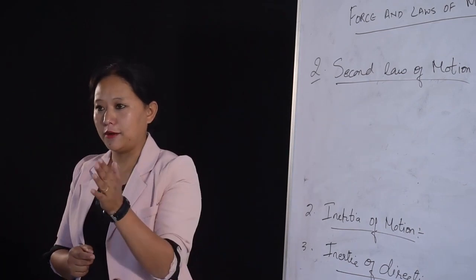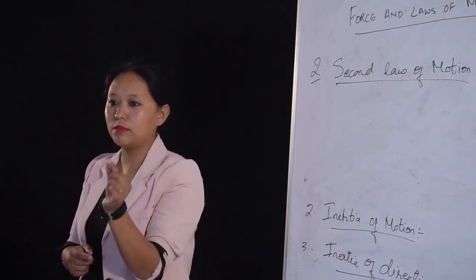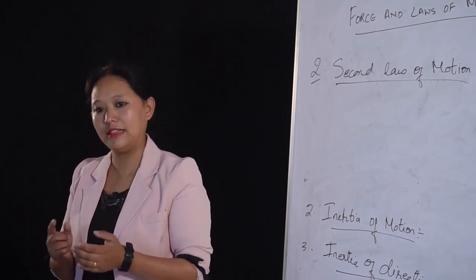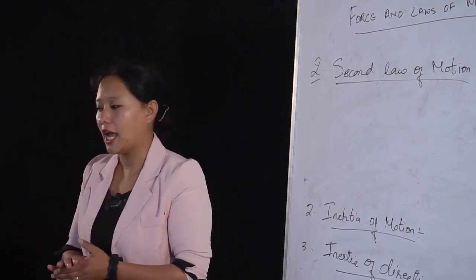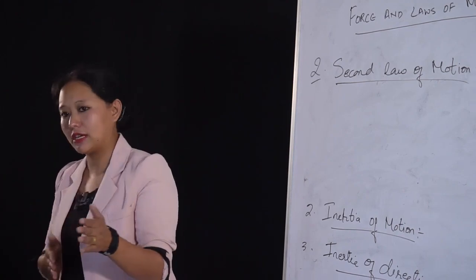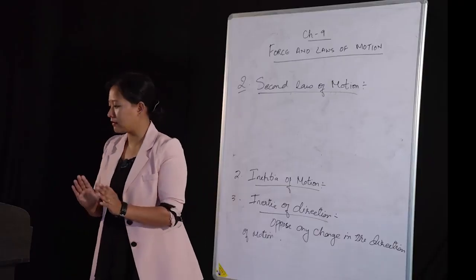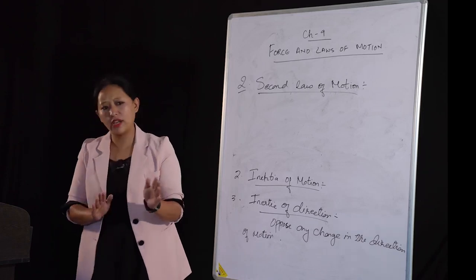That means the small bullet applies more force than a bigger stone. And not only that, a truck that is parked will not make any difference. That means it will not require any attention.